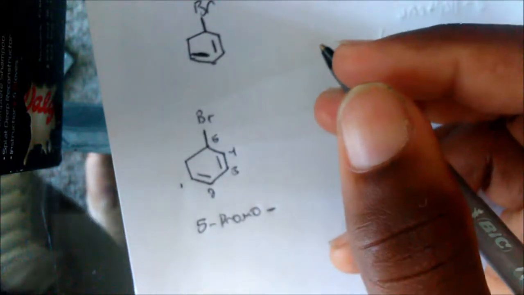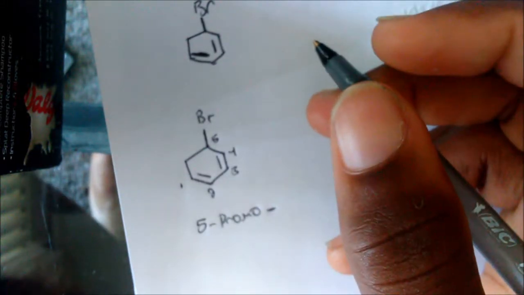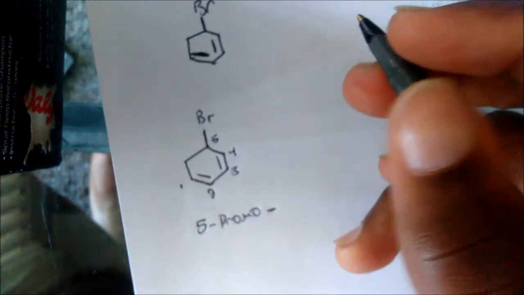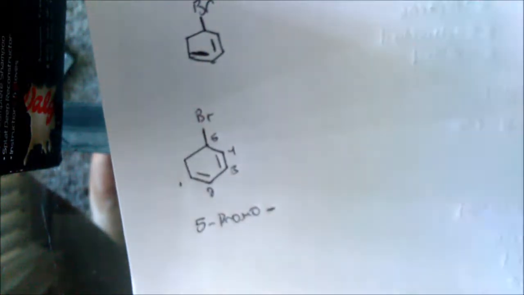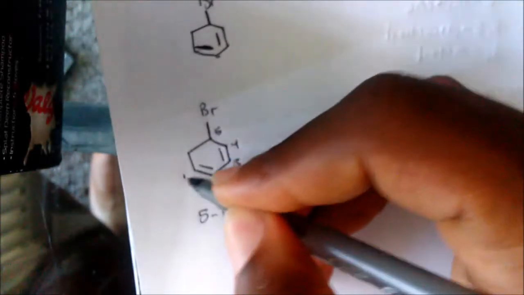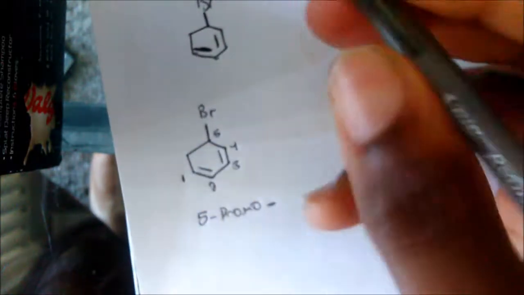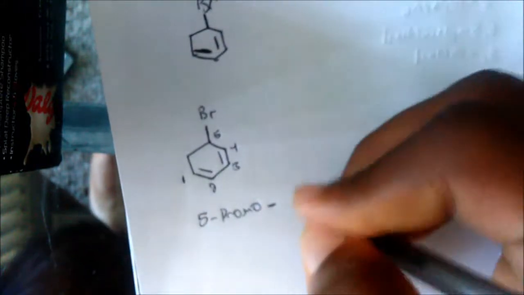Well, remember, we've got to locate where our double bonds are. In this case we can't just say it's priority number 1, because now we're dealing with two carbon-carbon double bonds. So we have a double bond at carbon 1, and then we have a double bond at carbon 3. So this will be 1,3-cyclo.